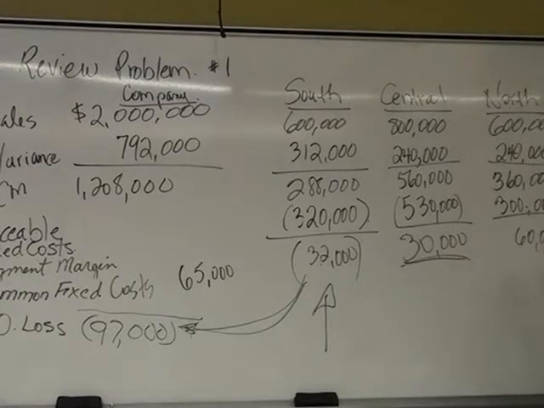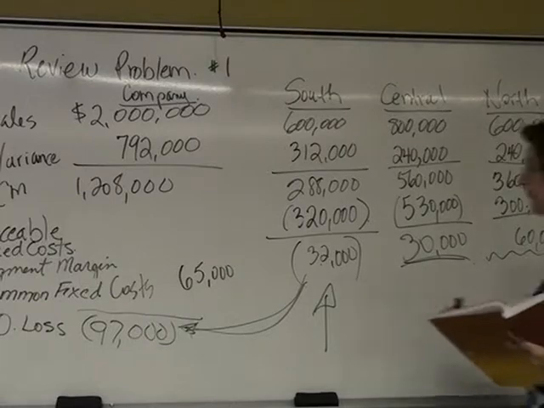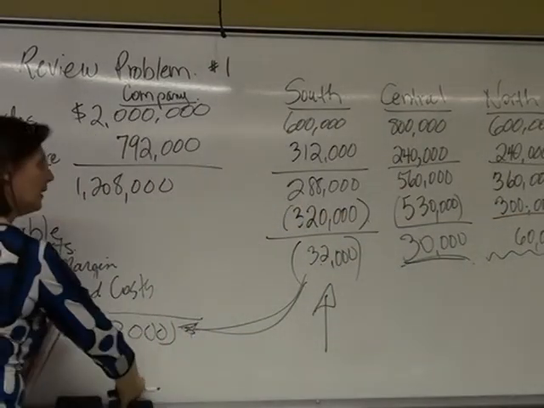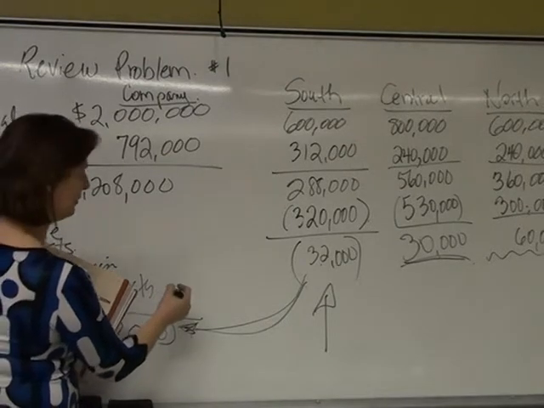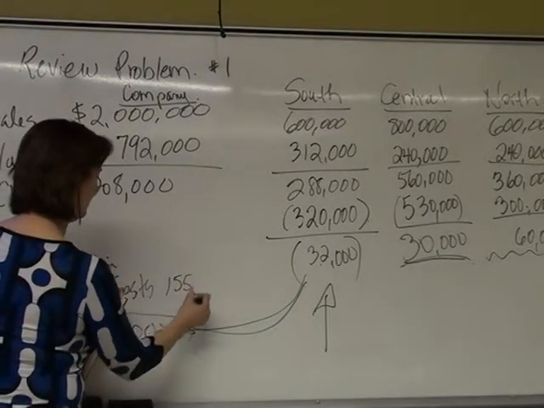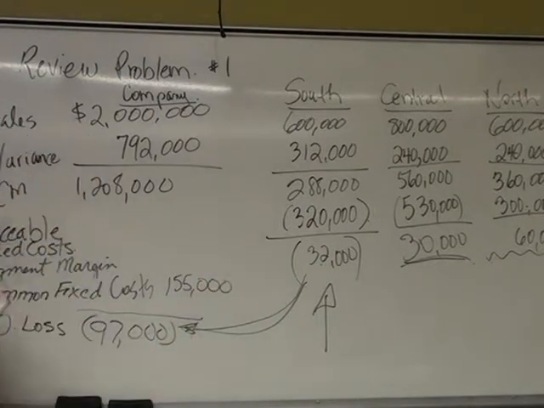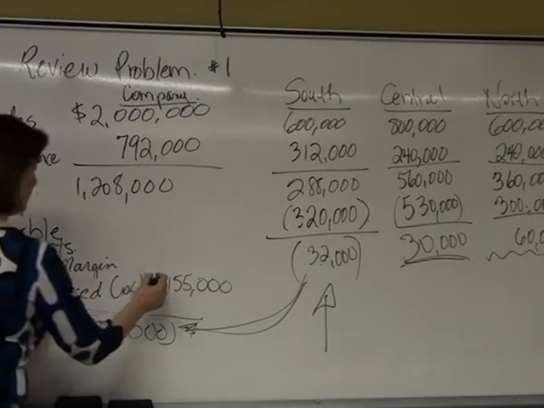So the common fixed costs are the difference between these and this number here, 1,305. So what's that number? What? 155? Okay, so $155,000 of those costs will not go away if we drop any segment line, right? We're stuck with these.